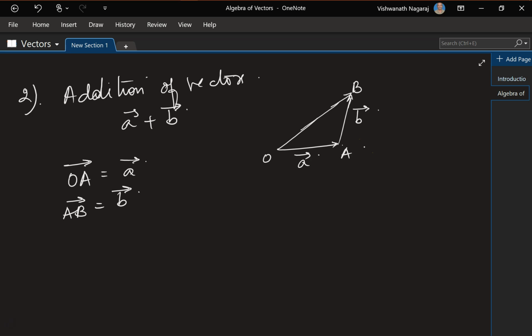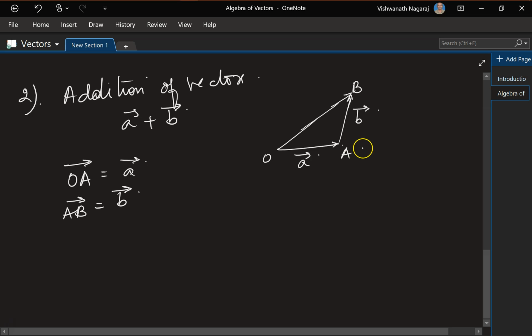Remember, in such a case, if a vector is in this direction and another vector in this direction, what we have to do is move it in such a way that it is not co-initial, but head to tail, right? So the vectors continue one onto the other.